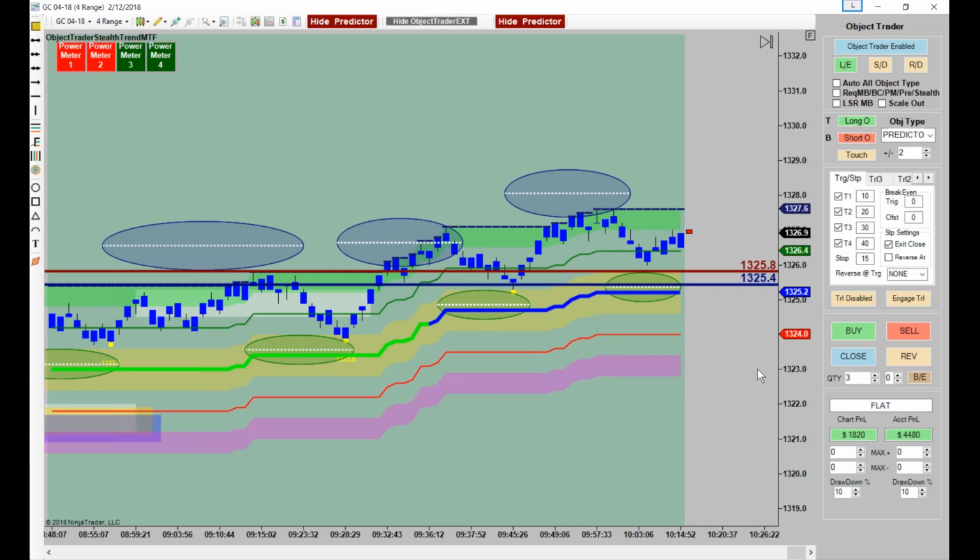Now if this takes out this top, we'll try another predictor. See, we missed that one. For some reason, that must have been 3 ticks. May still get it. Maybe out of time by now, too.